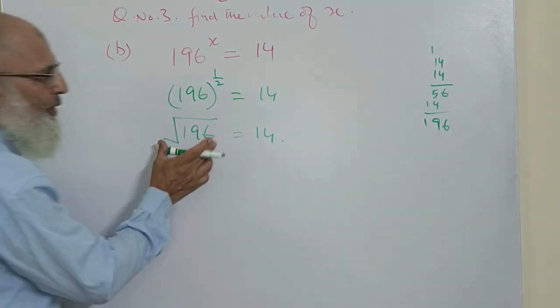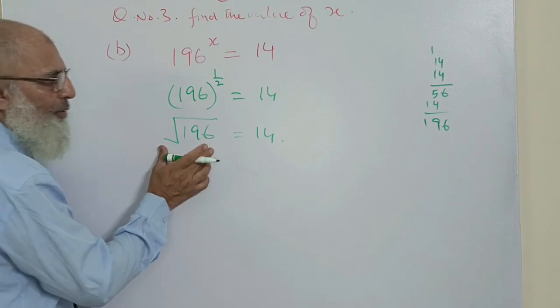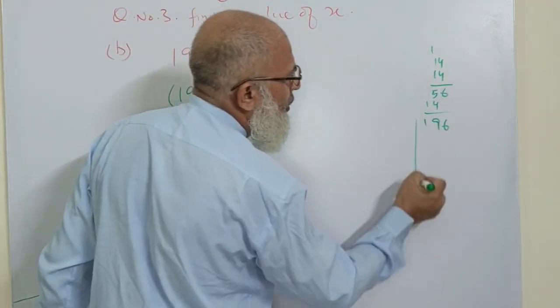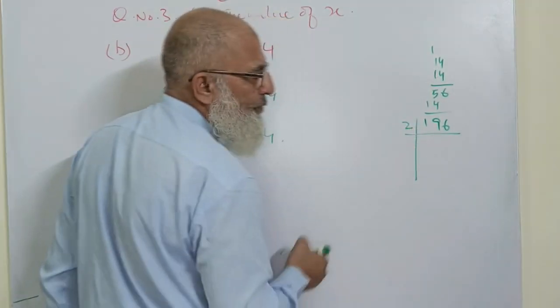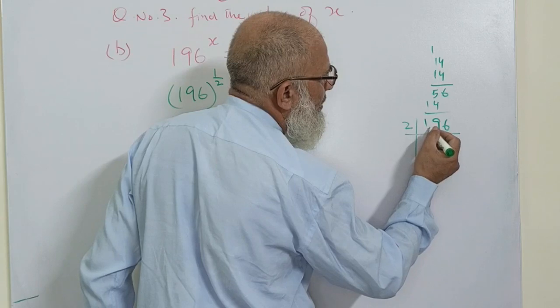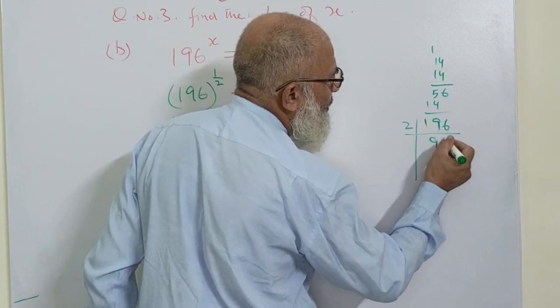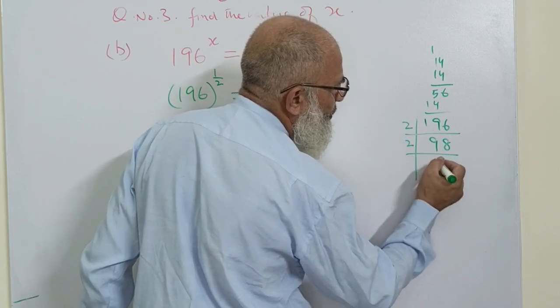Now what is half? Half is in fact this thing, and when you solve this under root, let me solve this under root over here. 9 times 18 and 2 8.